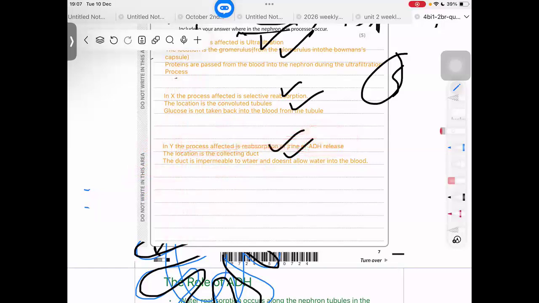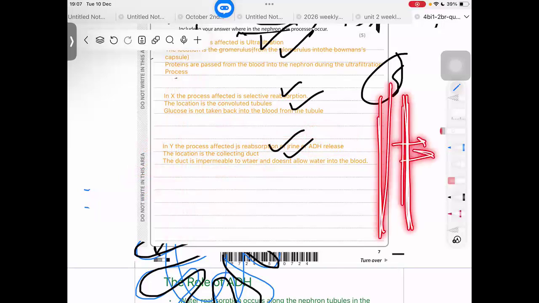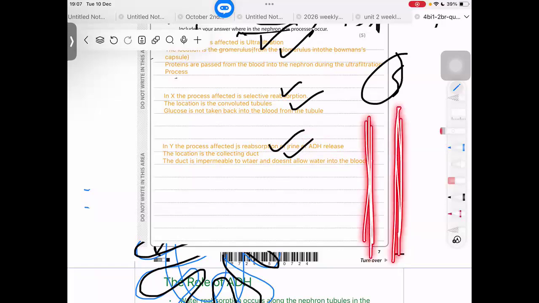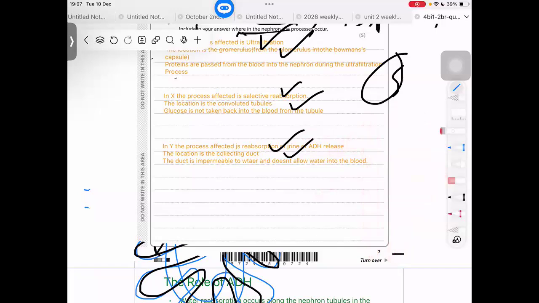And the location is the collecting duct, because from the collecting duct only water is reabsorbed back into the blood capillaries. That is the location where ADH acts. So what happens when enough ADH is not there? The duct is made impermeable to water, and water doesn't move into the blood. If you have written these 5 points, you can get the 5 marks.